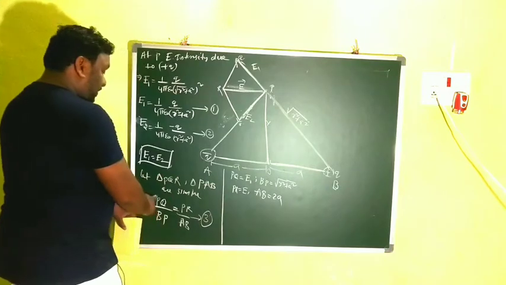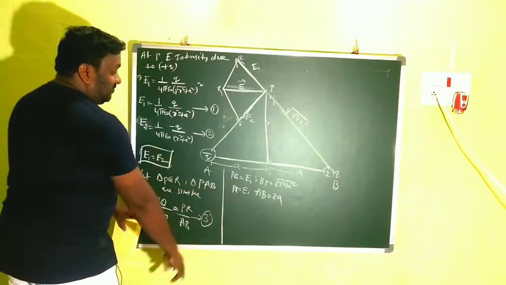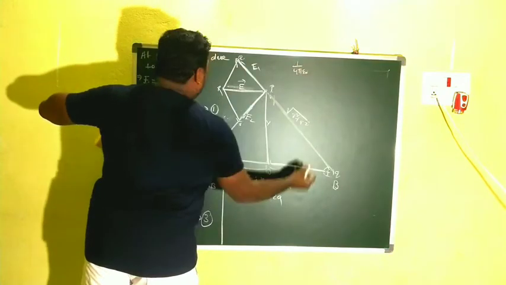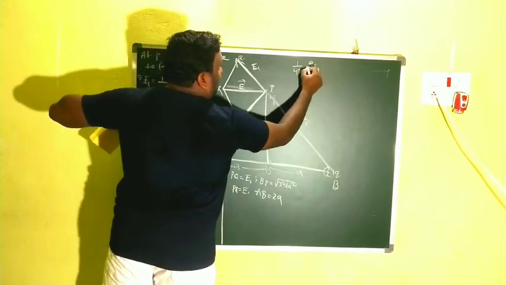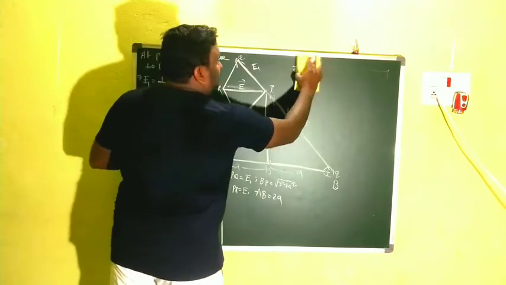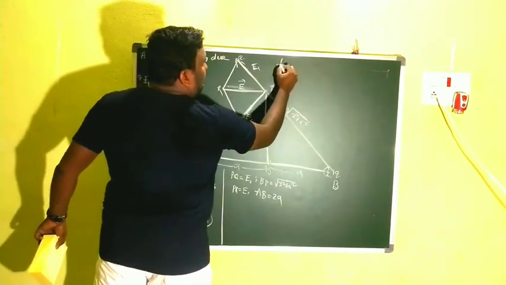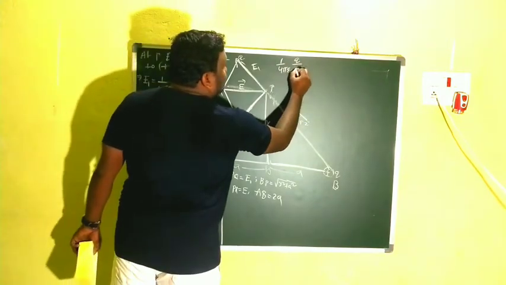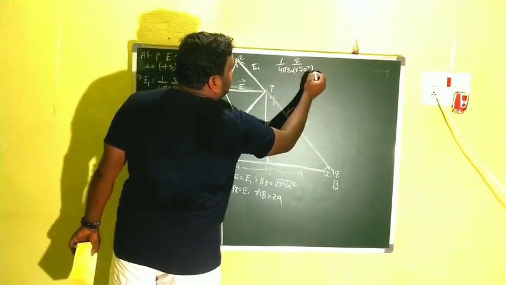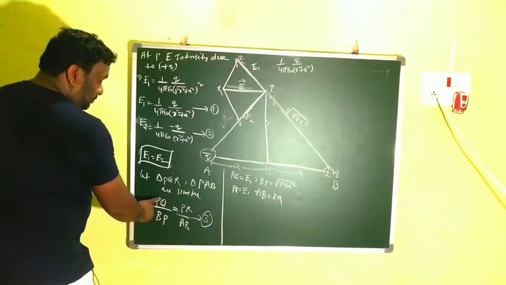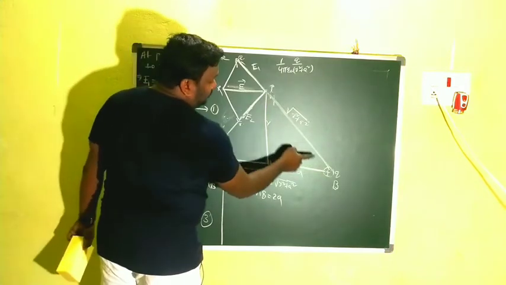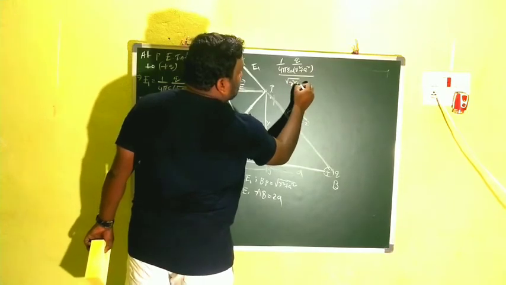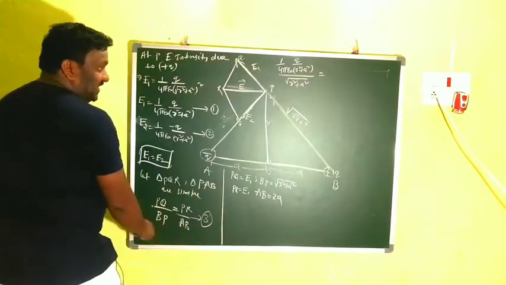That's why I'm writing here PQ by BP: 1 by 4 pi epsilon naught Q by R square plus A square, divided by BP, which is under root of R square plus A square.